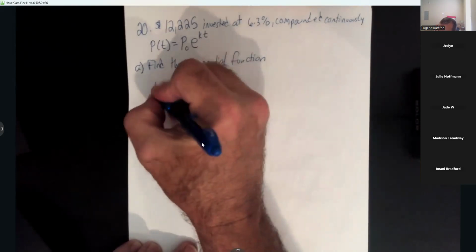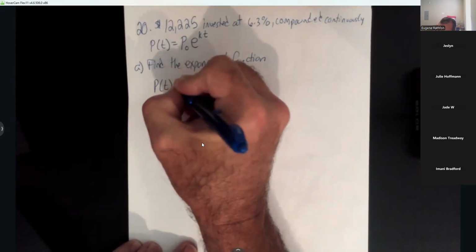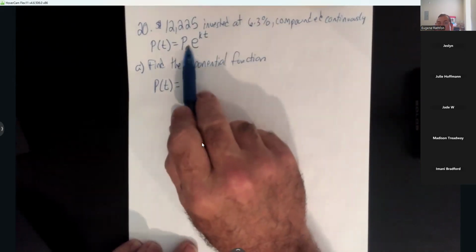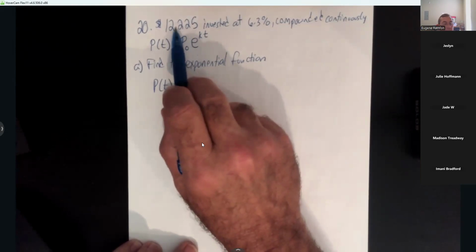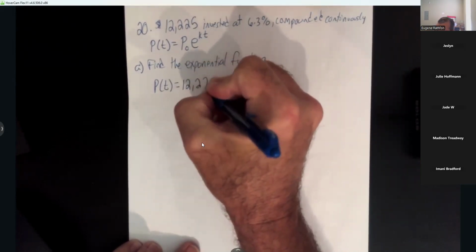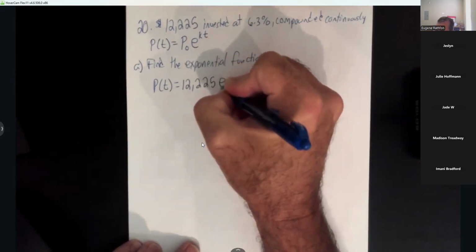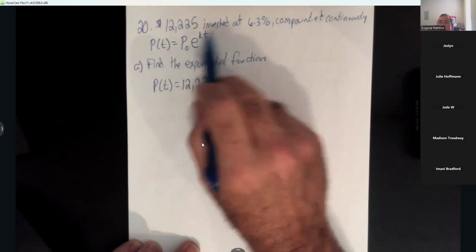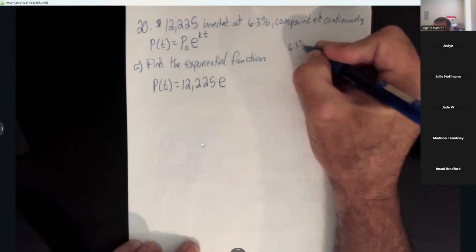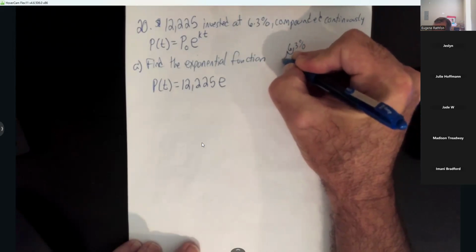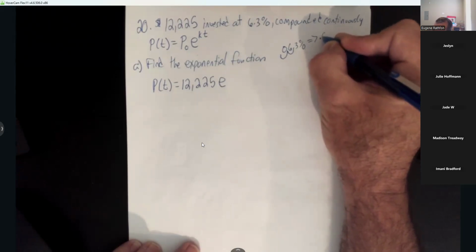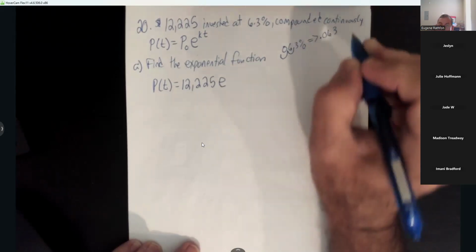Well, they're going to give you the P of T part, and we got to figure out the rest. So P initial, my initial amount, that's 12,225 times E. All right, we need K. Now remember, K is 6.3%, but I need y'all to move that decimal left twice, and that's going to give us a 0.063.